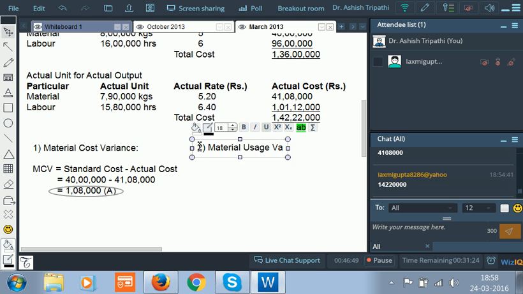So material usage variance, the formula is standard quantity minus actual quantity into standard price.